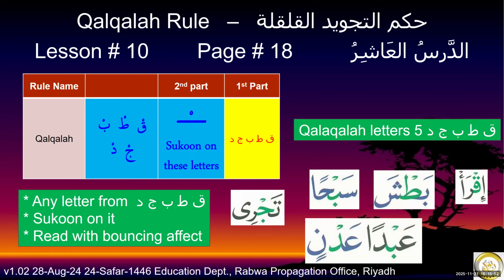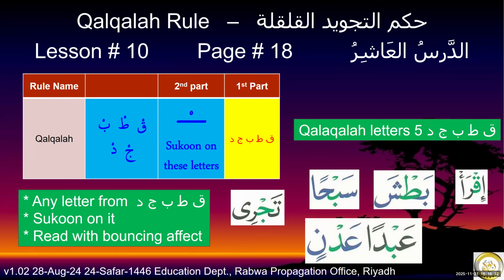Whenever one of these letters has sukun on it, in Urdu called jazam, then it should be read with bouncing. A little bit of bounce has to be applied. If any of these 5 letters has other than sukun, that is fatha, kasra, dhamma, fathatain, kasratain, dhammatain, then there is no need to apply qalqalah. When it is the last letter of the ayah and you are stopping, even though in the print it appears with some haraka on it, but you stop with sukun, then you must also apply the qalqalah.